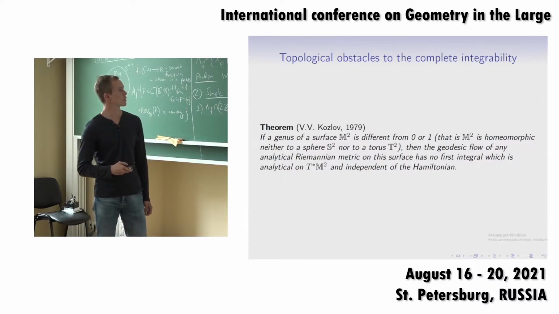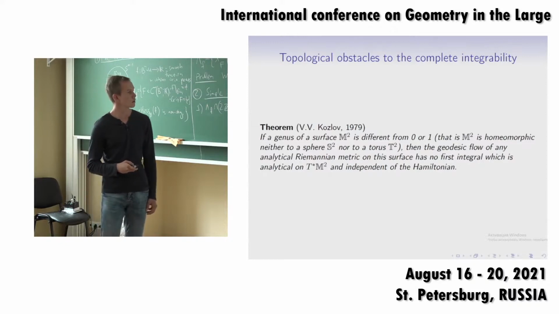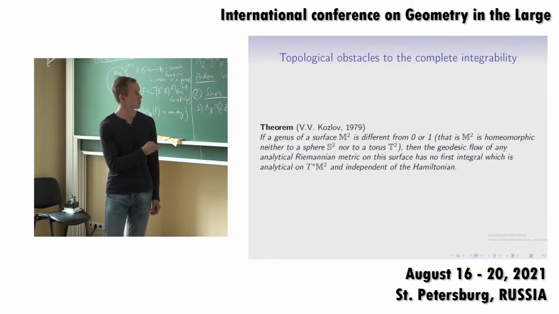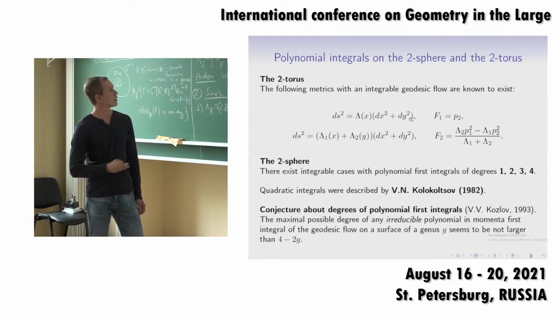So these are certain topological obstacles. And you said that was analytic, right? Yes, of course. If we consider, for example, smooth functions, then as far as I know, it is an open problem whether this theorem holds true or not.